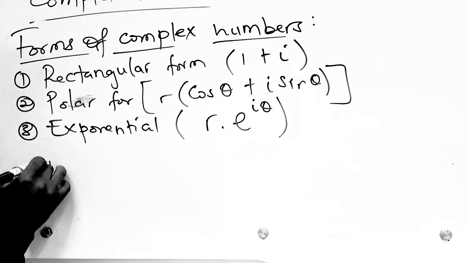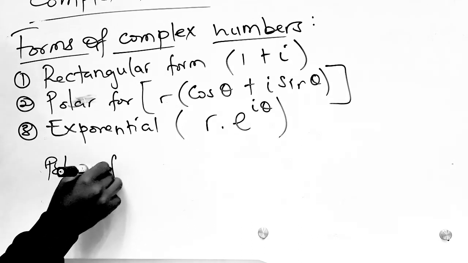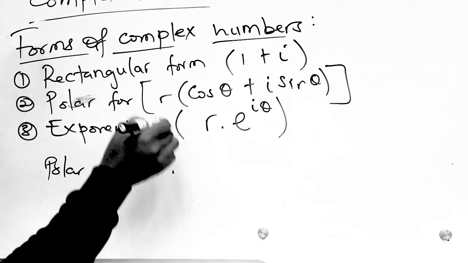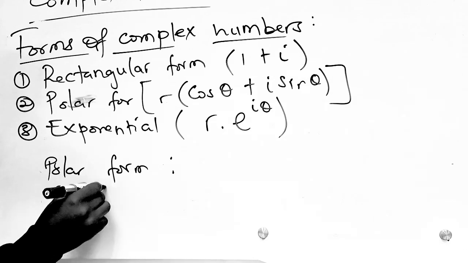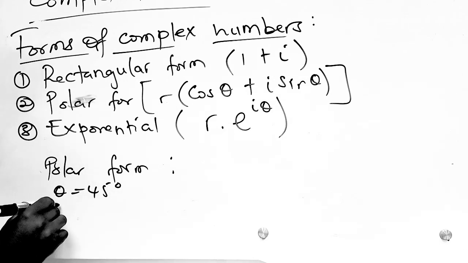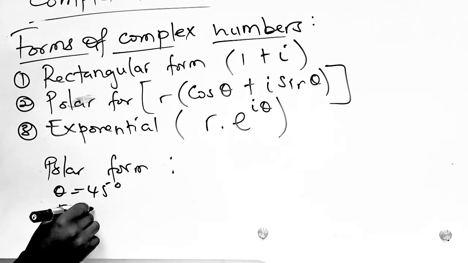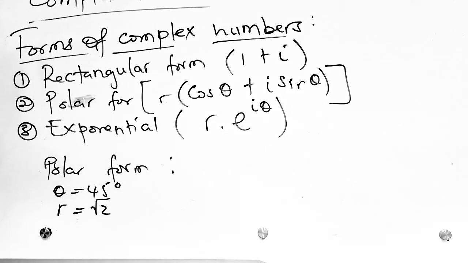Let's see polar form first. We calculated our argument, which was 45 degrees, and our modulus r was equal to the square root of 2.